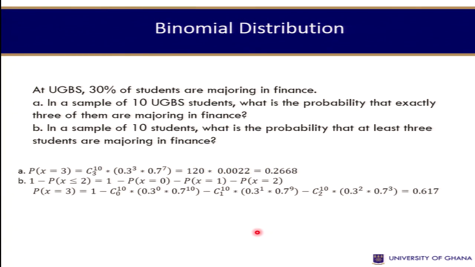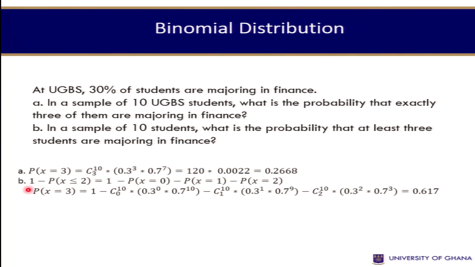Therefore, what we did was to work from the other way around. If x is greater than or equal to 3 is what we are looking for, then let's find the probability that x is less than or equal to 2 and then subtract the entire value we get from 1.